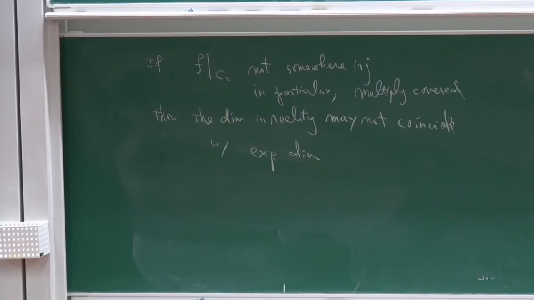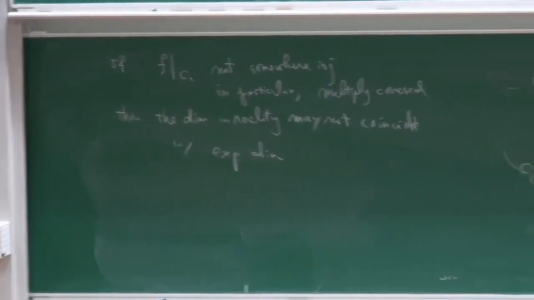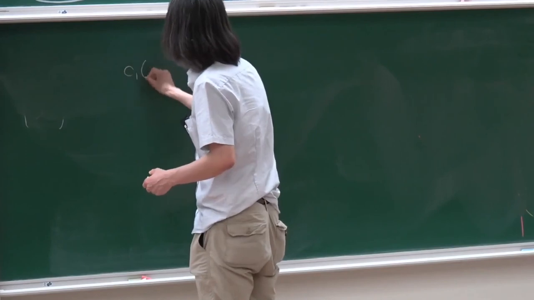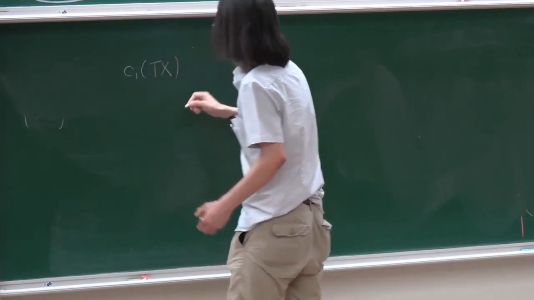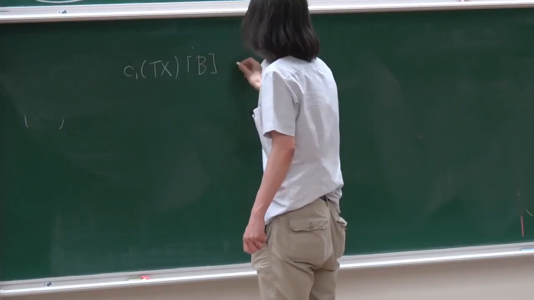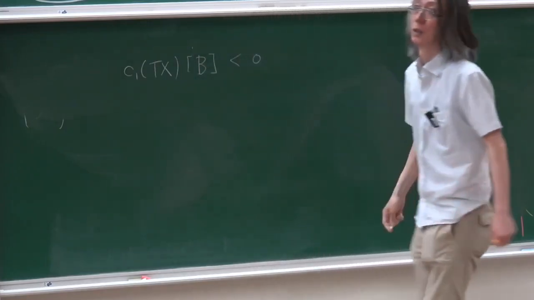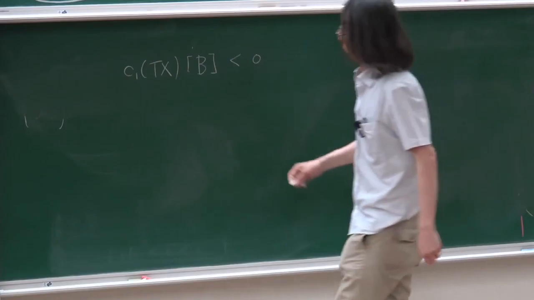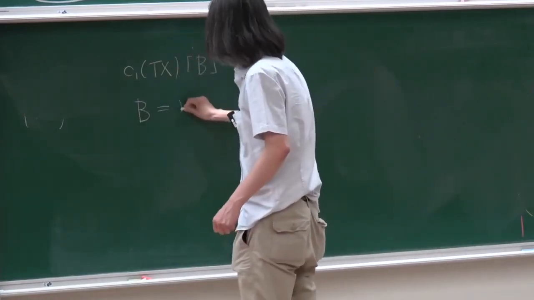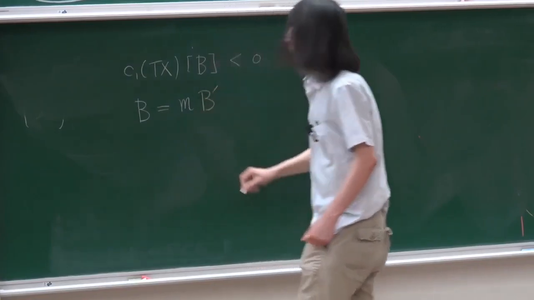So let's suppose the following case. Let's suppose that C1 of TX is, unfortunately, negative, and moreover, B is a multiple of some other class.